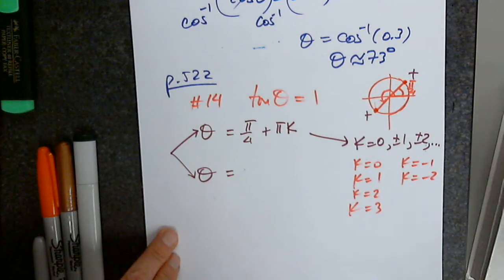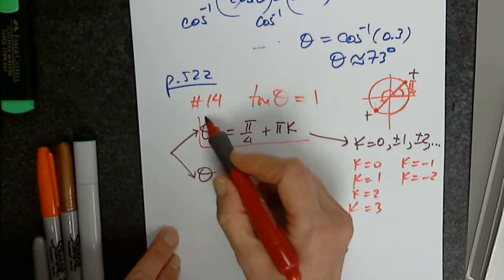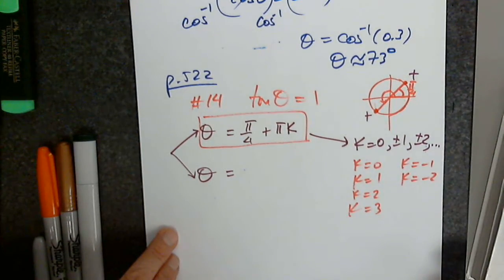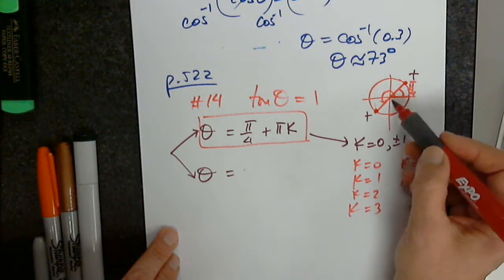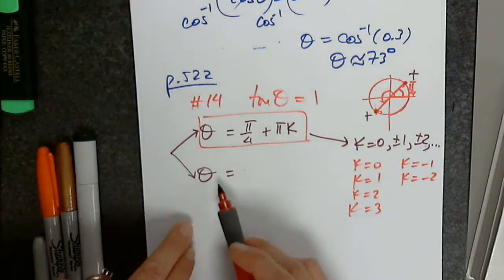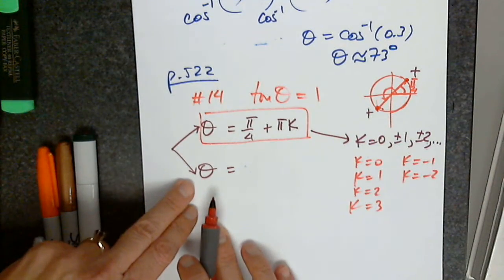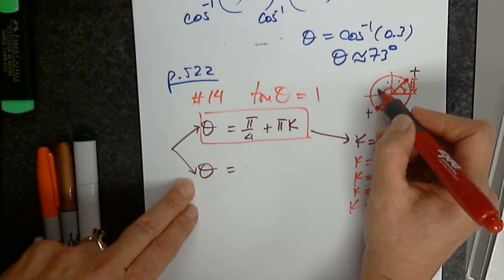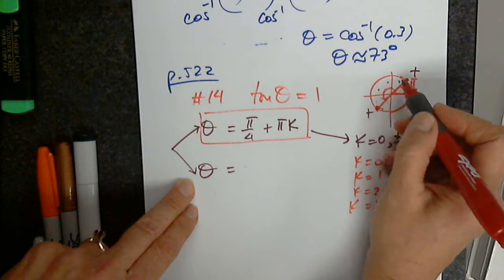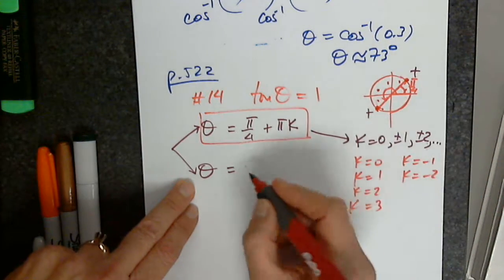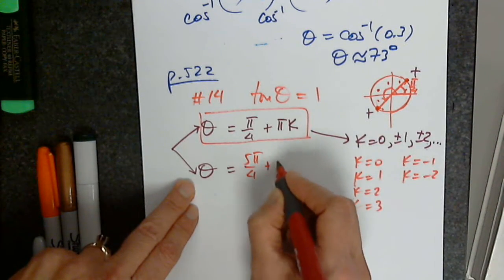The explanation is all about the fact that there are infinitely many solutions, not just one. Here, as many times as you want, back and forth. Now, what will this be? 1 pi, 2 pi, 3 pi; 1 pi over 4, 2 pi over 4, 3 pi over 4, 4 pi over 4, 5 pi over 4, plus pi k.